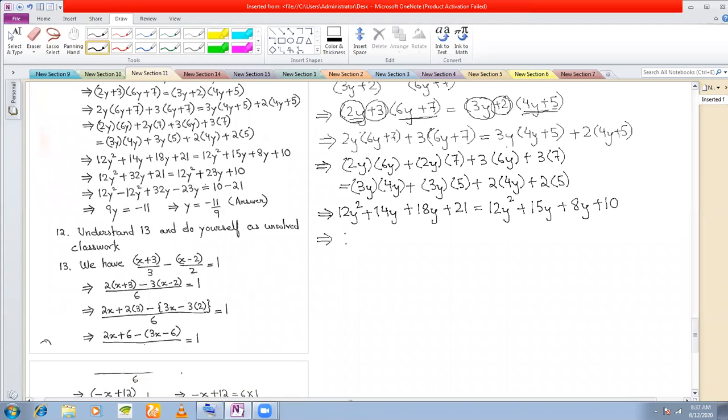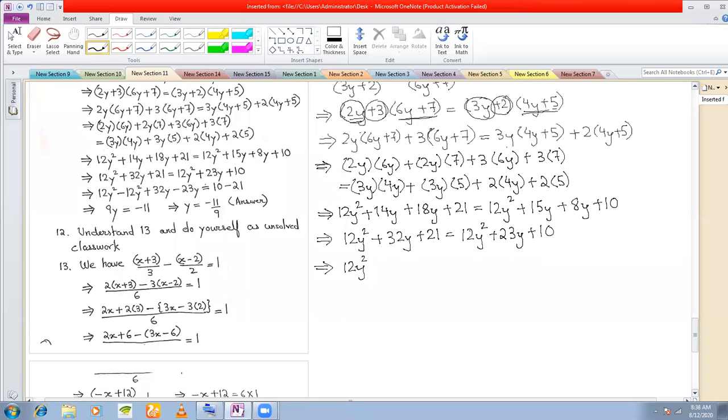Okay, we simplify now. 12y square plus 14y plus 18y is 32y, plus 21 is equal to 12y square plus 15y plus 8y is 23y, plus 10. Now you take all the y's on one side.